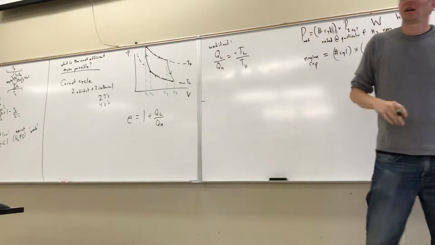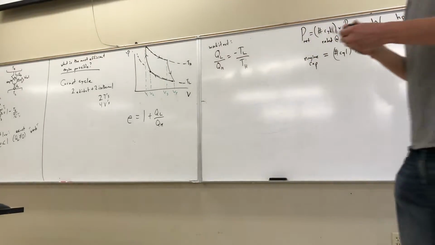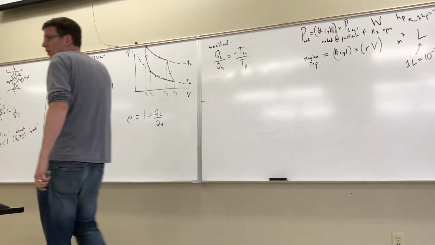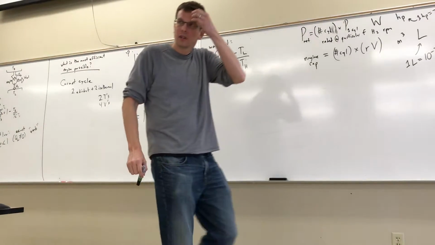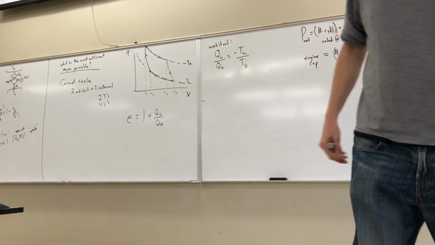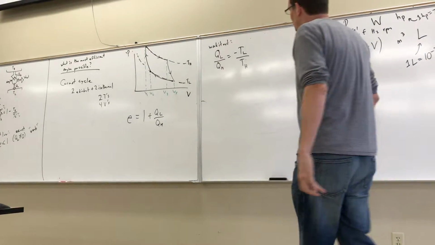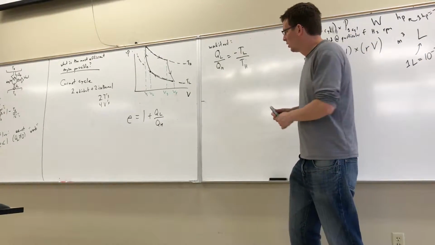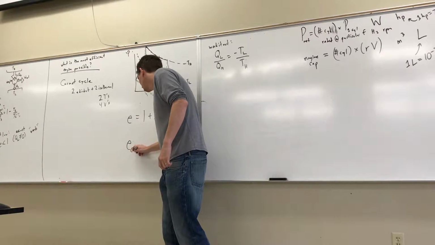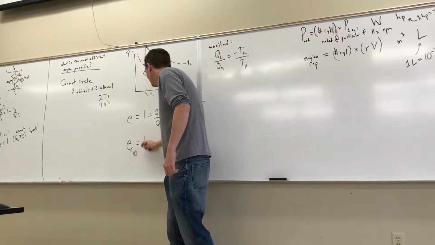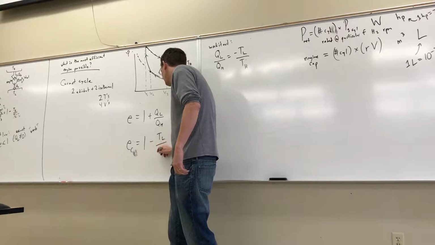One of the things I'm not going to have time for, because we don't have lecture on Fridays, is to work out the details of how everything works out to be the case. So you can try it yourself and let me know if you have any questions. It's probably also in the book because it's a really important cycle. So here we get the efficiency of the Carnot cycle, I'll call it E sub C, is 1 minus TL over TH.